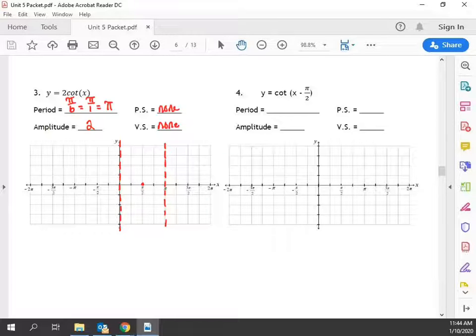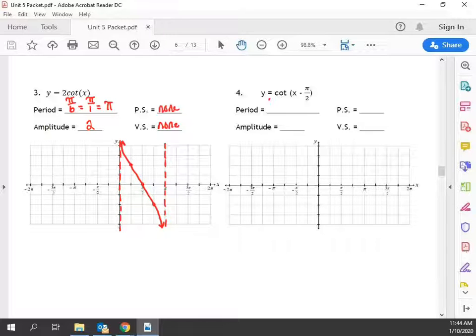It's decreasing. So we go left and up, and right and down to make a decreasing pattern. We good? So far, so good? All right, let's move on to number 4.